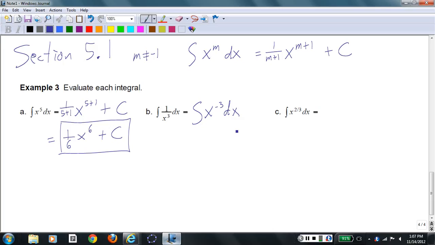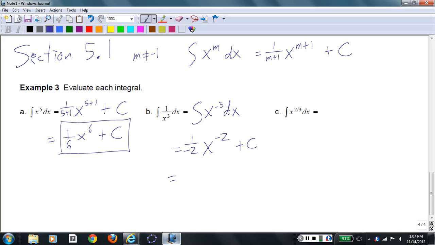So add 1 to the exponent, and we get x to the -2, and then divide by that new exponent that we just got, and then add c. And then simplify. The 1 over -2 is equal to -1/2.